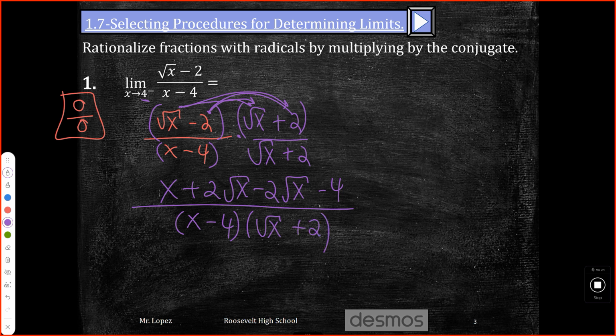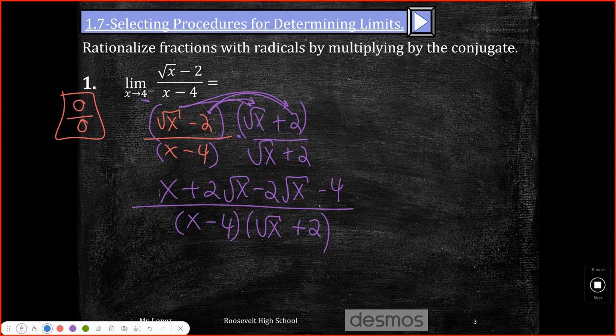So you would notice this always happens with conjugates. The middle cancels out, and we're left with x minus 4. At the bottom, we have x minus 4 times square root of x plus 2.